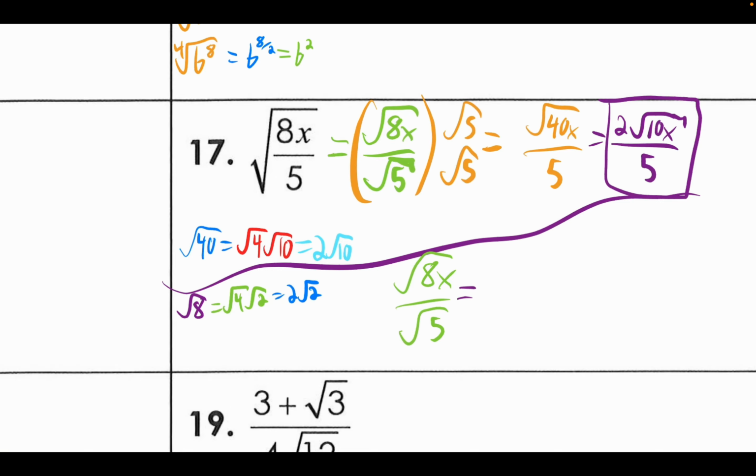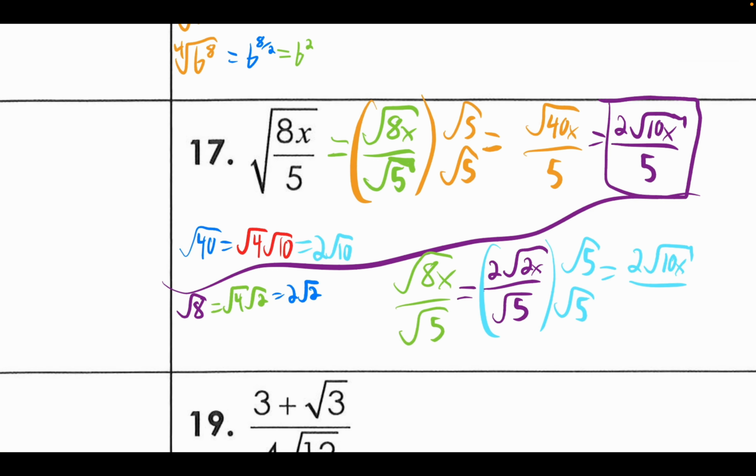So that gives you 2 square root of 2x over square root of 5. We're going to multiply the top and the bottom by the square root of 5, which gives you 2 times the square root of 10x over 5. The exact same answer we got up in the purple.